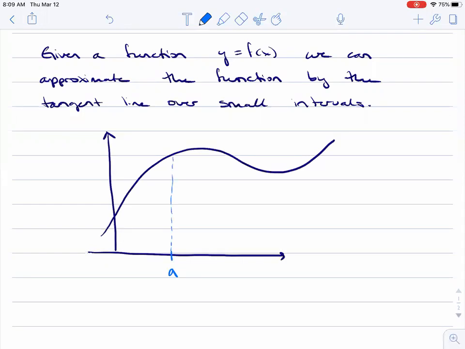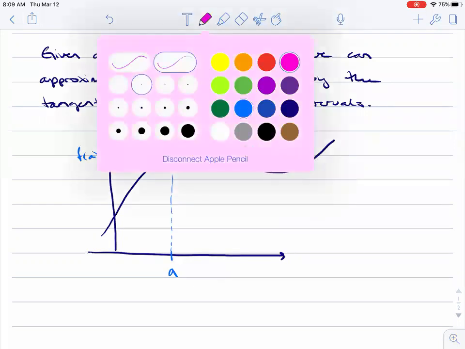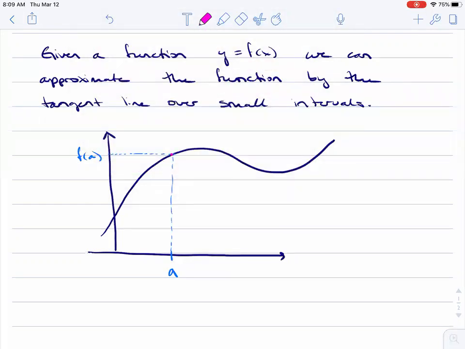And at this point, the function is going to be at f of a. Y equals f of a. If I put a tangent line on here at x equals a, then I know my tangent line is going to just touch that point. Maybe something like that.